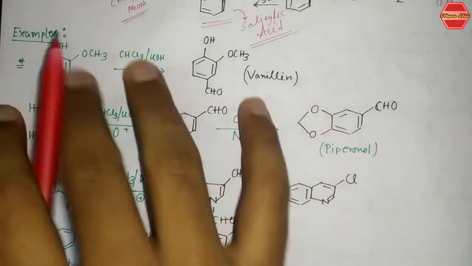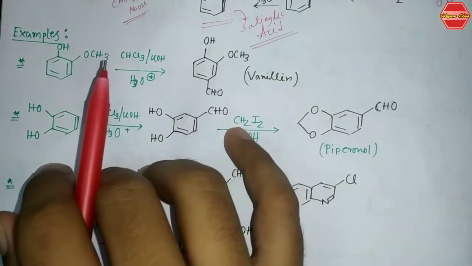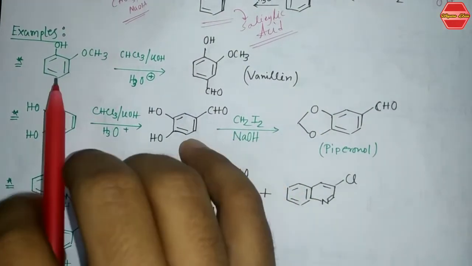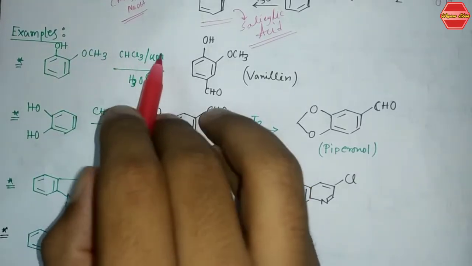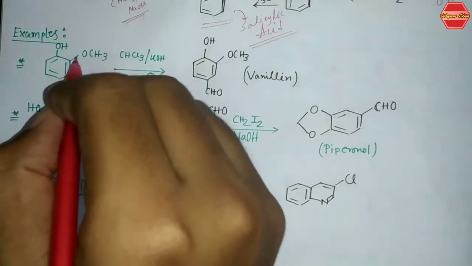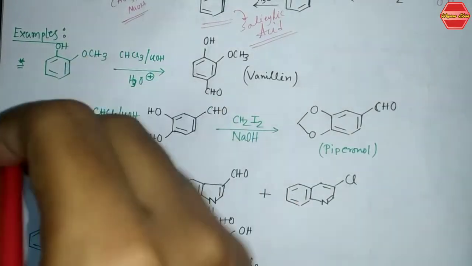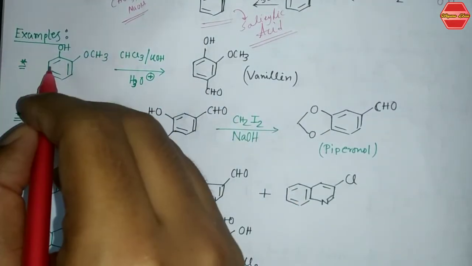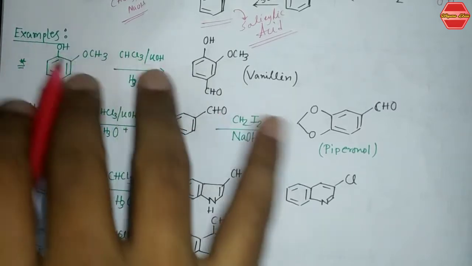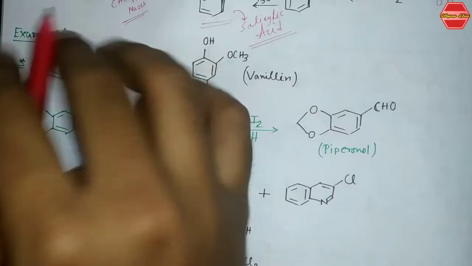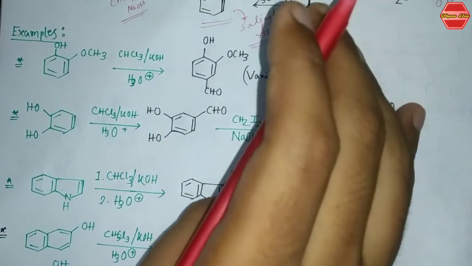Let's see some examples for this Reimer-Tiemann reaction, which are important for your exams, right? Now when we are using this compound and this reagent, what will be the product? You can see here that the ortho is substituted, and if we place this aldehyde group in this ortho position, there is a severe steric repulsion, right?